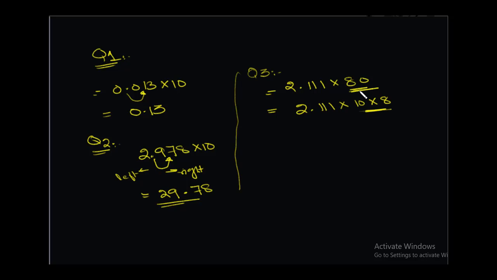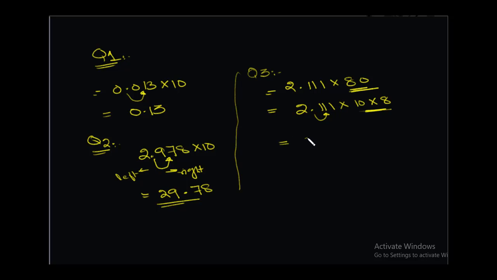10 eights are 80. We just have to split this, that is, convert this 80 into a factor form, 10 multiplied by 8. So as per the rule, the point will move one place from left to right because of 10.